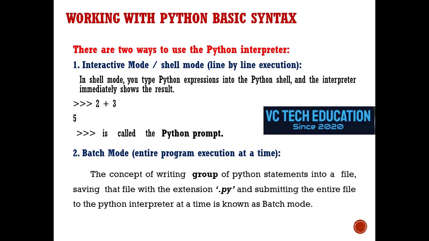You type the Python expression into the Python shell and the interpreter immediately shows you the result. The three greater than symbols you see on the screen are known as the Python prompt.